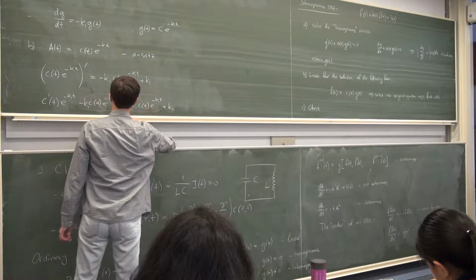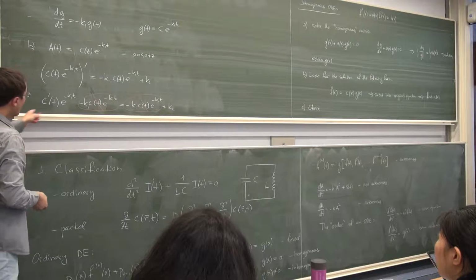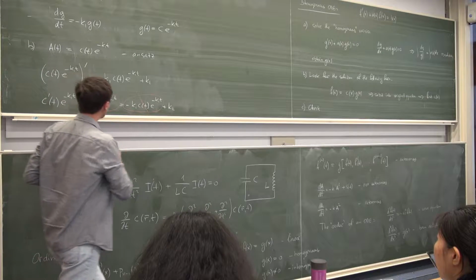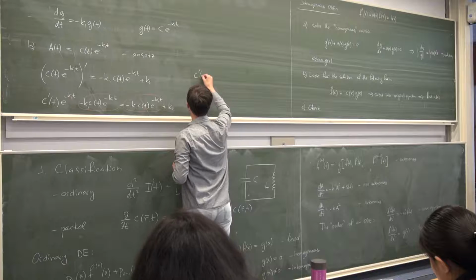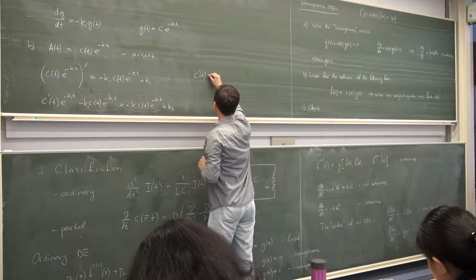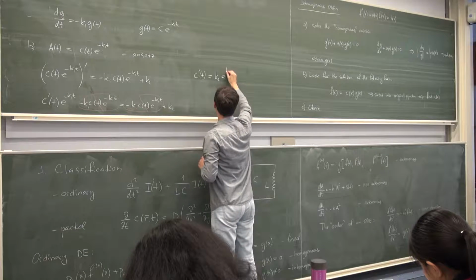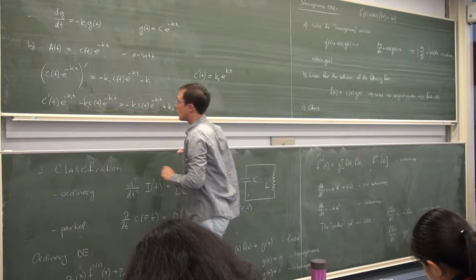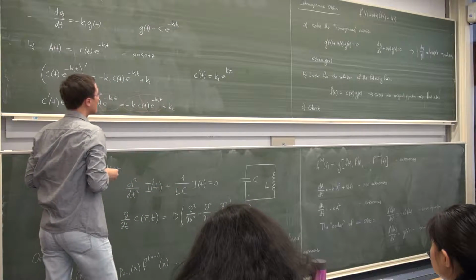Okay, so that goes, and that goes. We have a much simpler equation in the end. So we have c prime of t equals k2 e^(k1t). So I have moved this exponential over to the right-hand side.